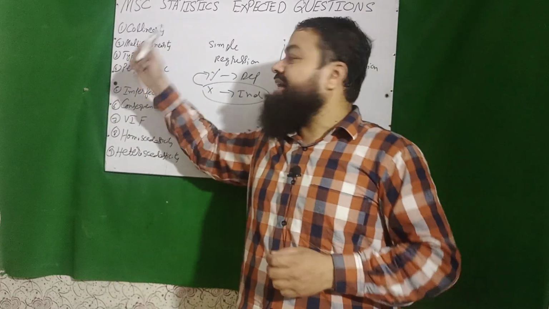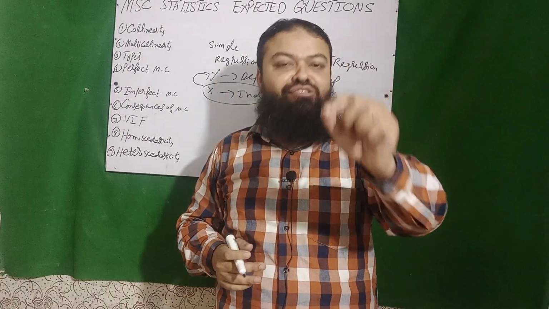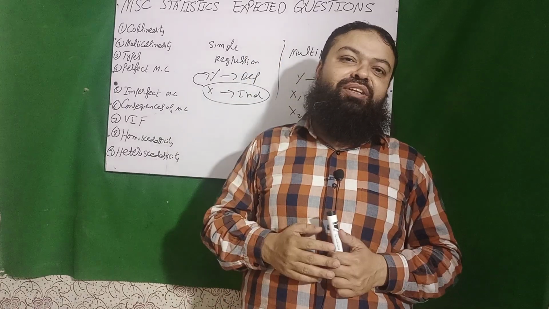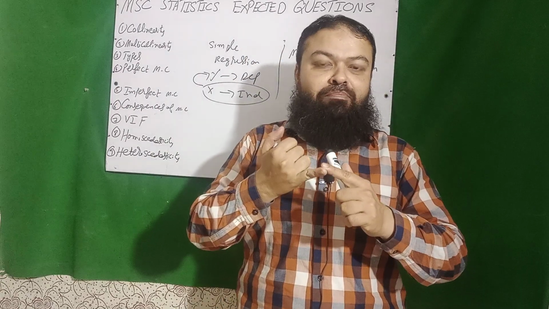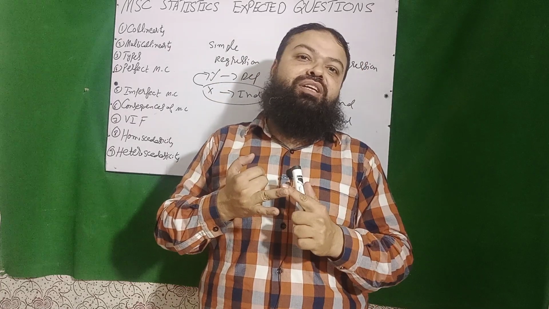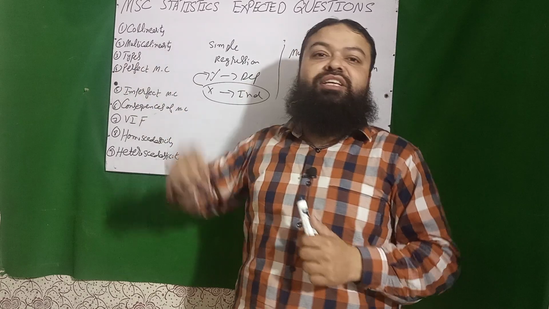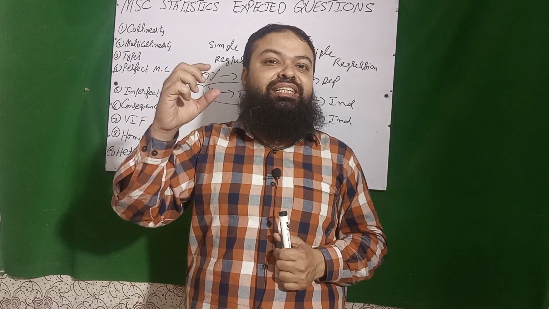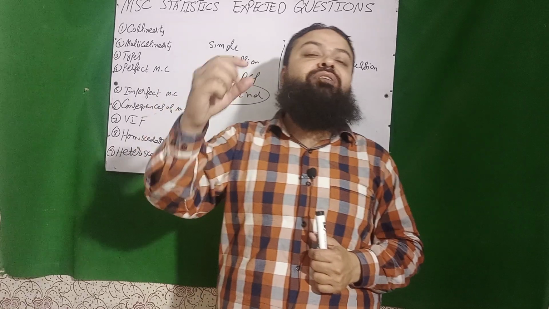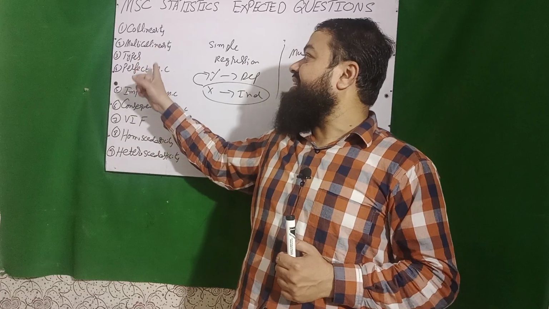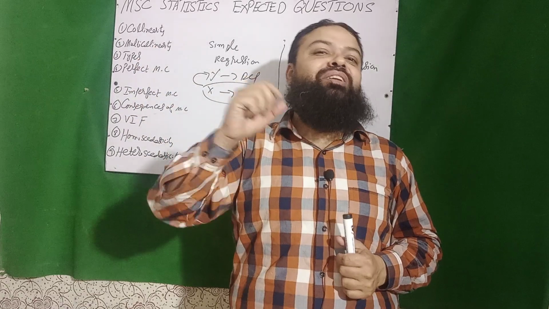And how many types of multicollinearity? That can also be the MCQ in the exam. There are two types of multicollinearity. The first one is perfect multicollinearity, second one is imperfect multicollinearity. What is perfect multicollinearity? When the explanatory variables, when the independent variables have perfect linear relationship between themselves, then we say there is perfect multicollinearity.